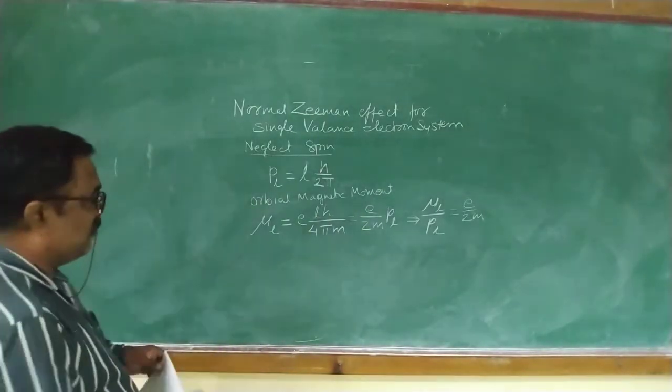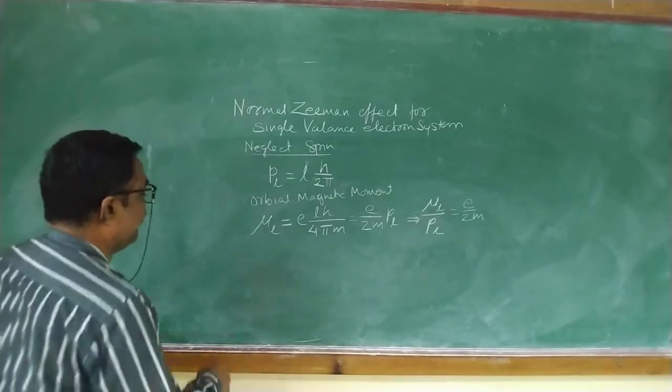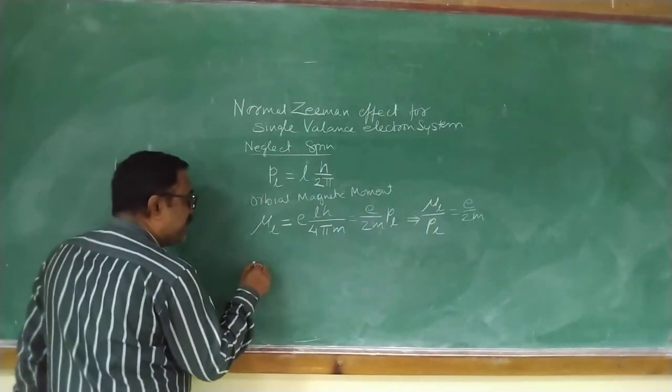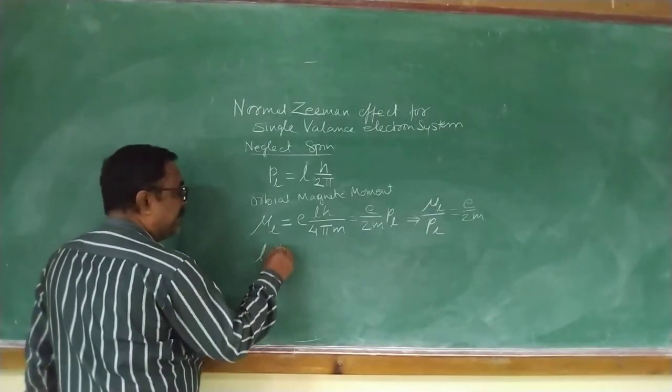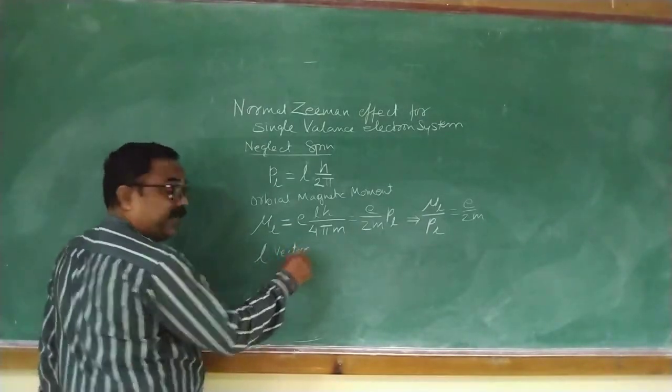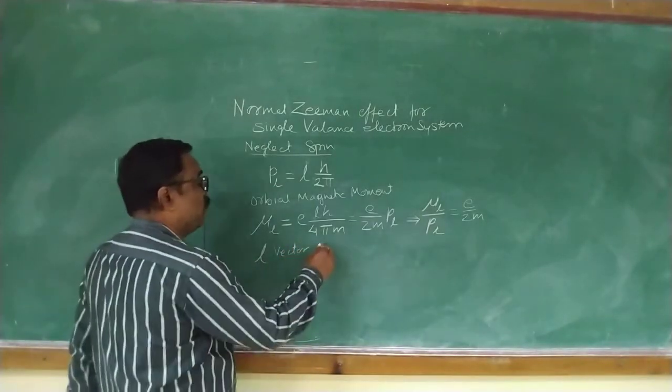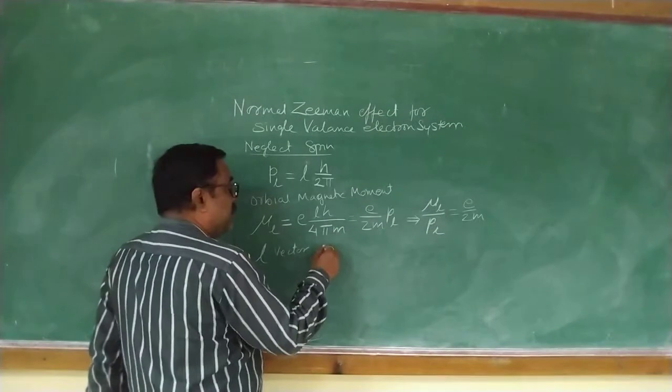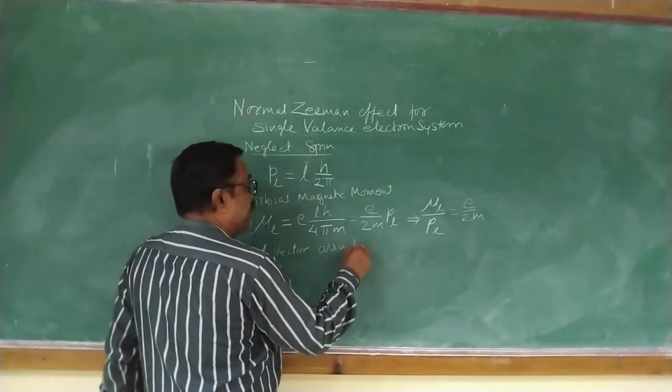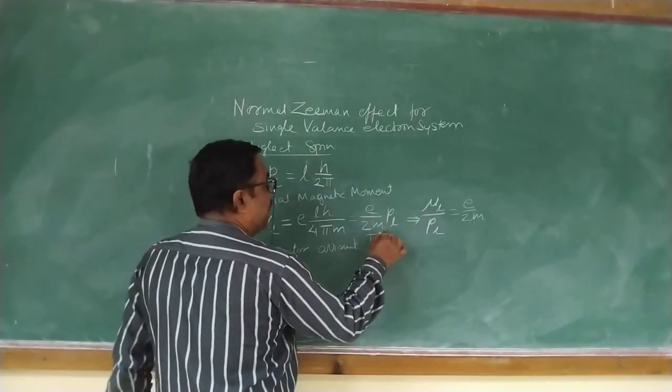Now in the presence of a magnetic field, the L vector precesses around the direction of the magnetic field.